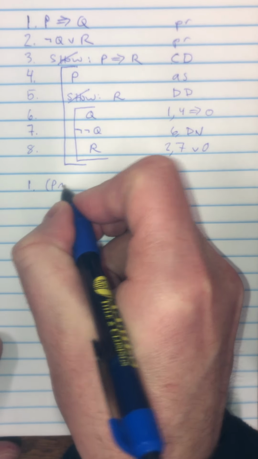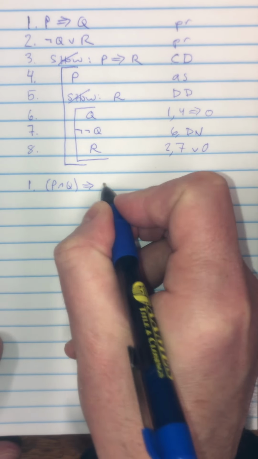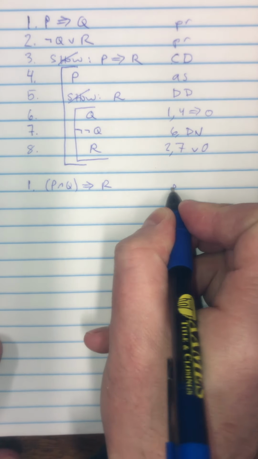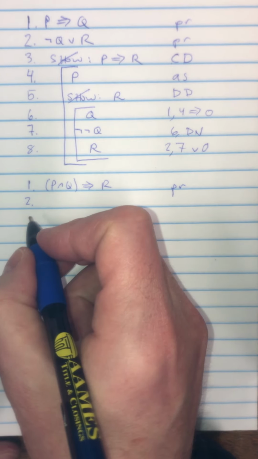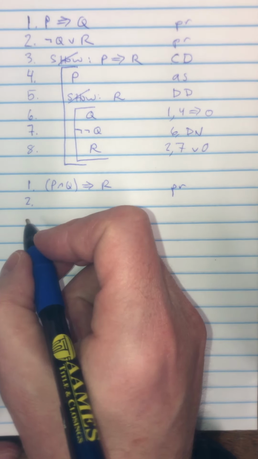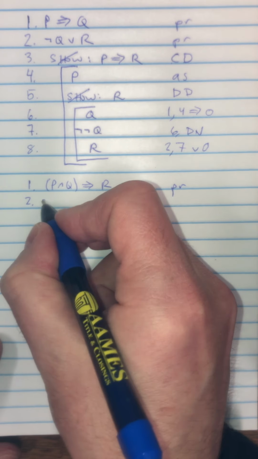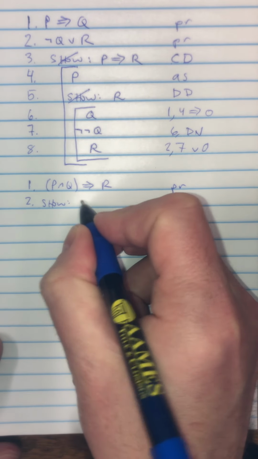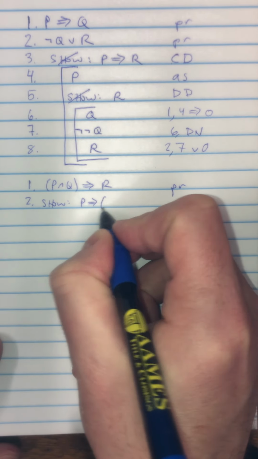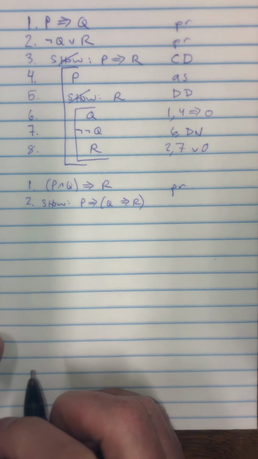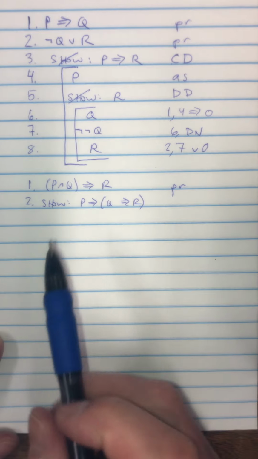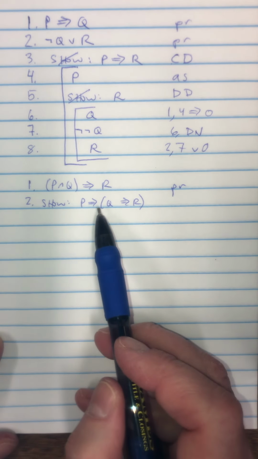Premise 1 is P and Q arrow R. It's a premise. And we're trying to show if P, then if Q, then R. All right. So we've only got one premise here and then a show line.